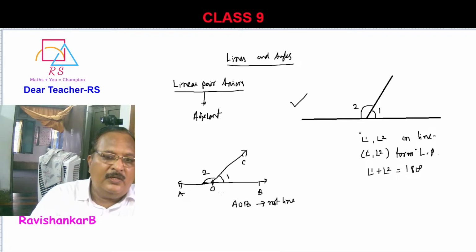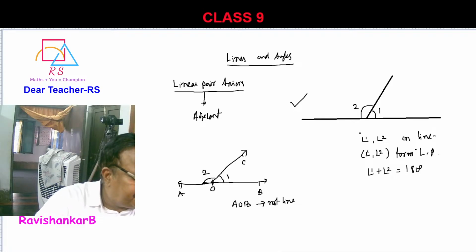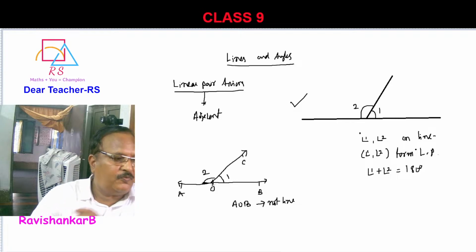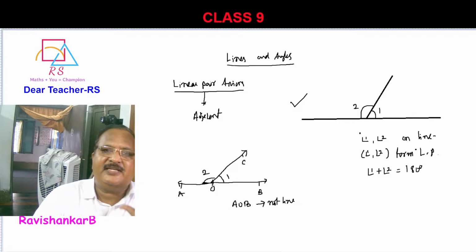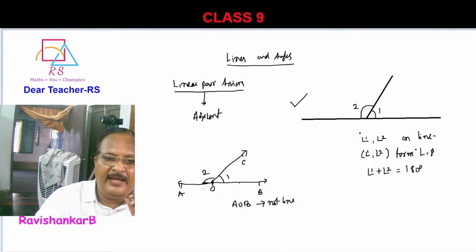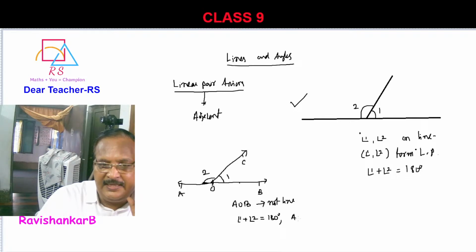So there are two different adjacent angles, these 1 and 2, forming just adjacent angles. OB and OA are the non-common arms. If angle 1 plus angle 2 is equal to 180 degrees, then AOB will become a line.